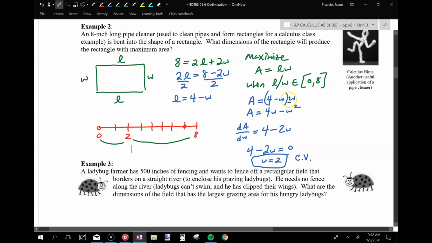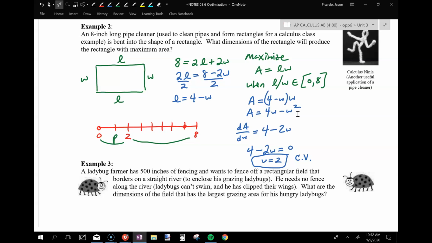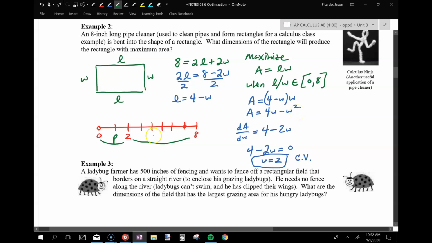So if I plug 1 into the derivative, I get 4 times 1 minus 1, positive value. If I plug in 3, I get 12 minus 9, also positive value.